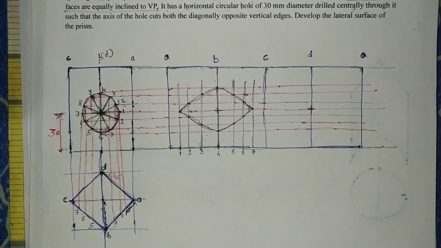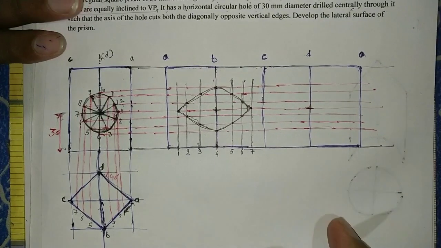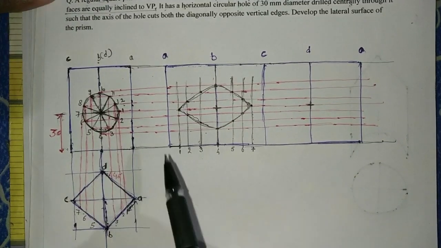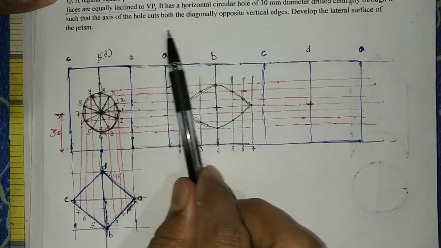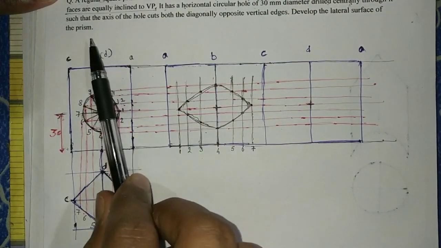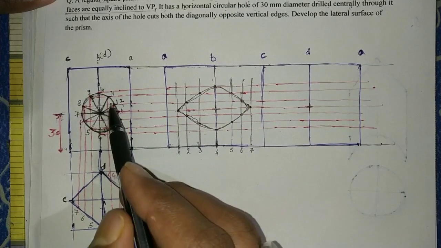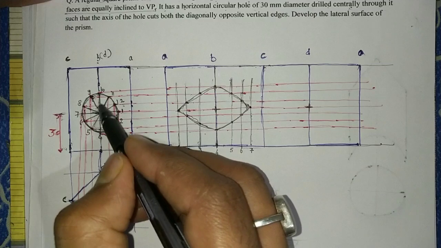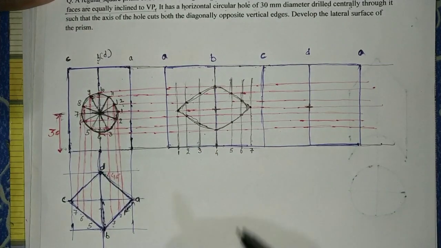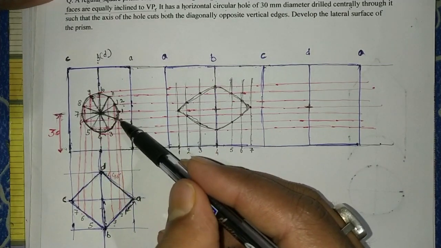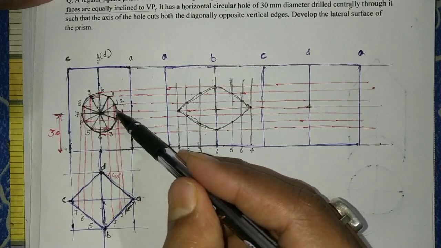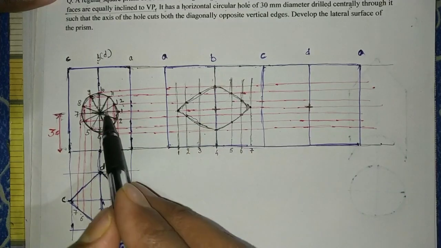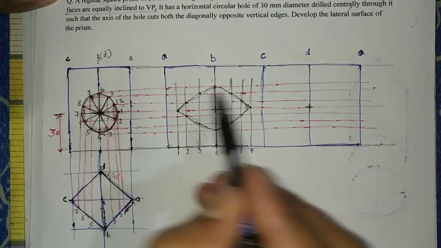Okay, so similarly what we have done, firstly we have named the square prism, then we have extended the lateral surface of the prism, then for developing this circle, we have divided this circle into 12 parts, then from all parts we have projected all the numbers on this top view. Similarly we have projected this on the lateral surface.